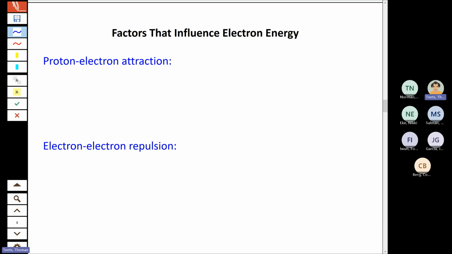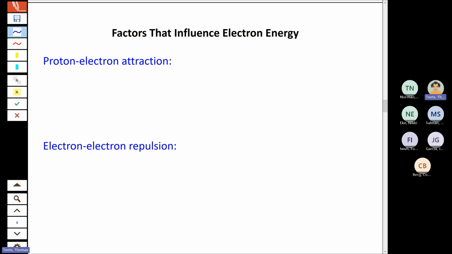So we have to understand how we determine what order those subshell energies would appear. So there's two main things that underscore the energy of an electron when it's bound to a nucleus. And these are purely electrostatic interactions. So the electron is negatively charged, the proton is positively charged, so they're going to attract to each other. So that is going to influence also the energy of the electron.